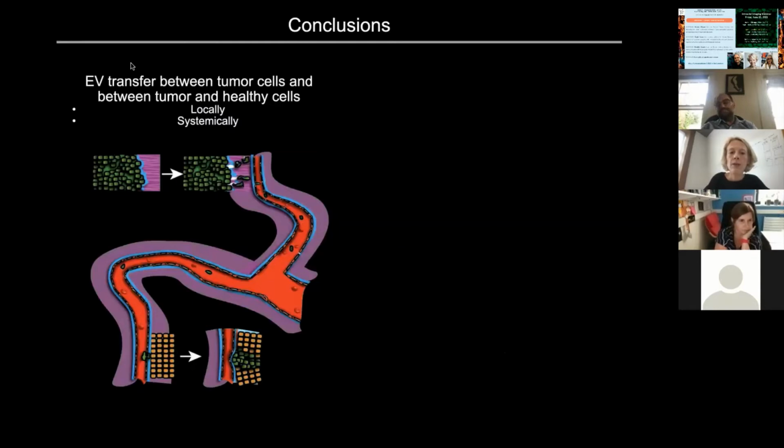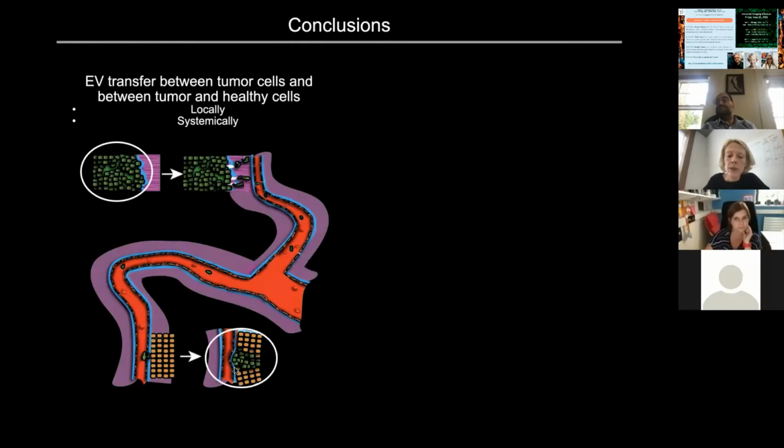So I hope I've convinced you that we can now, for the first time, observe extracellular vesicle transfer between tumor cells and between tumor and healthy cells. This happens both locally within the same tumor and systemically. And when we think about some clinical observations, when you remove the primary tumor, there can be three outcomes for the distant metastases.